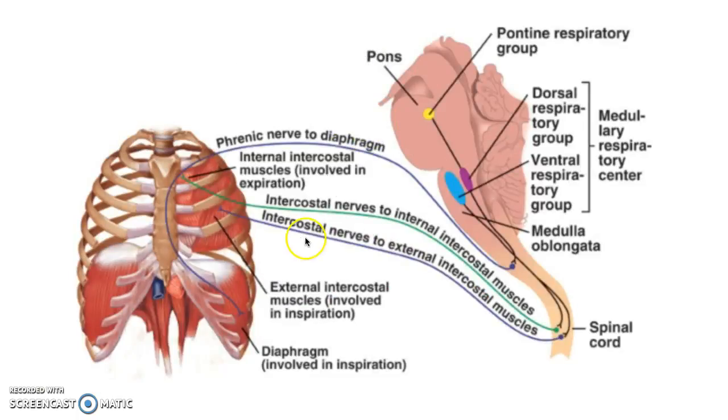Specifically at the VRG, the expiratory center of the medulla oblongata, this will pass the message to the internal intercostal muscles by going through the intercostal nerves and external intercostal nerves.